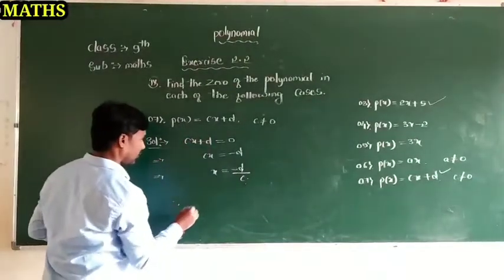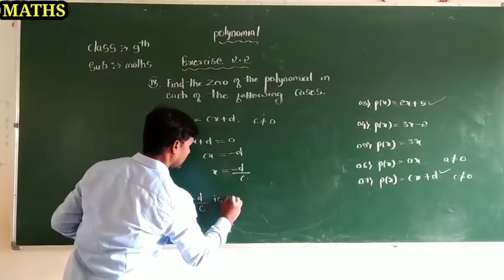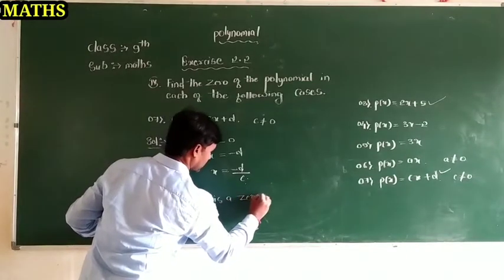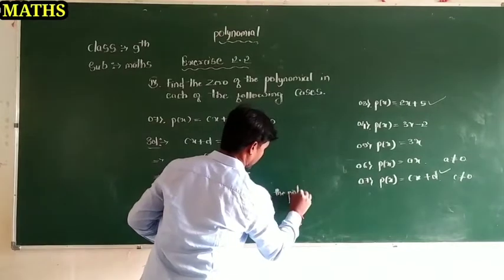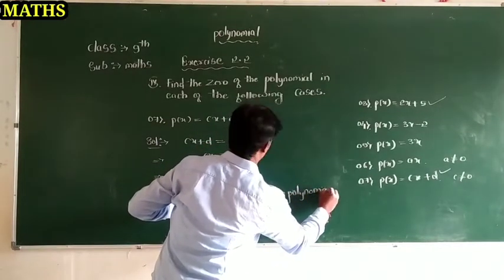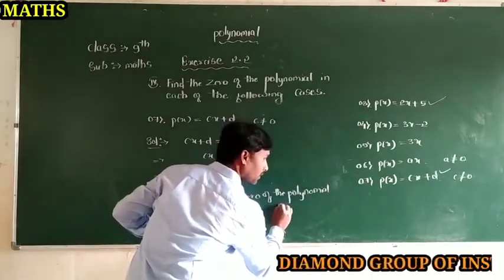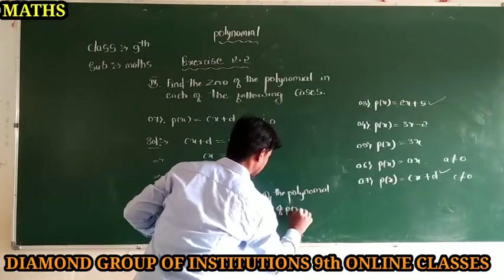So therefore we can write here minus d upon c is a zero of the polynomial p of x, dear students.